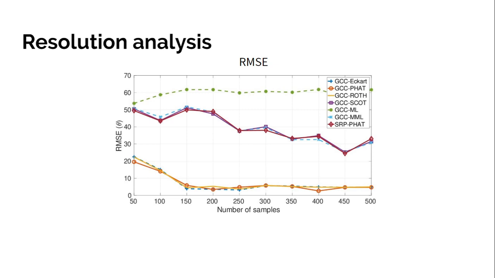And the GCC Roth, which had the worst performance in all the analyses we conducted earlier, actually has a considerably better behavior because it converges much faster, so it's not that dependent on the number of snapshots. Following are the Eckhart filter and the GCC PHAT, which also have this better behavior.